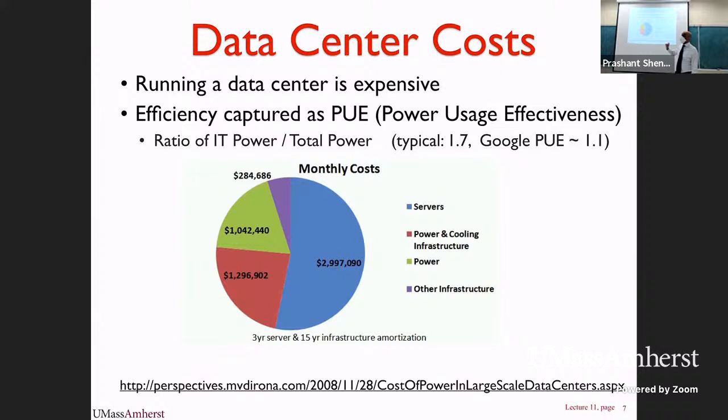And PUE is a metric that captures how efficient your data center is. Okay? And the way you compute PUE is essentially shown there. It's the ratio of the IT power over total power. Okay? Put another way, it is the electricity consumed by servers divided by the total electricity that your data center needs.